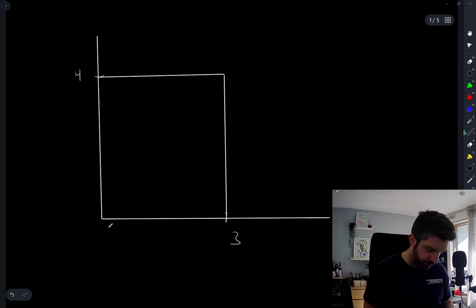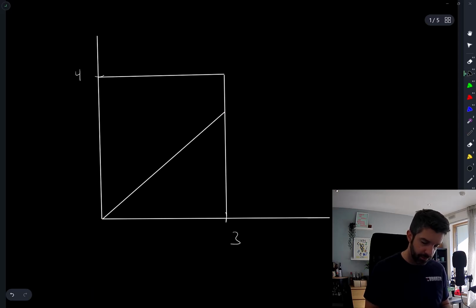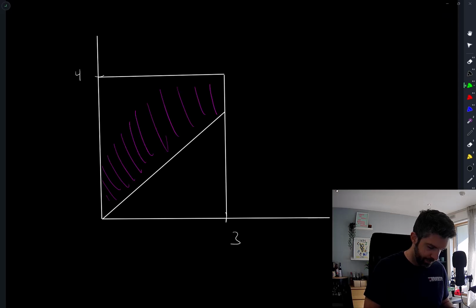So I guess I also need to draw this line. The set x less than y is the set everywhere to the left of this line. I need the area of that divided by the area of the whole thing.